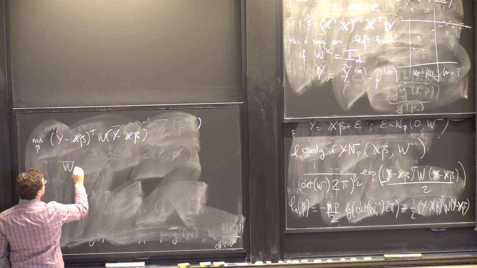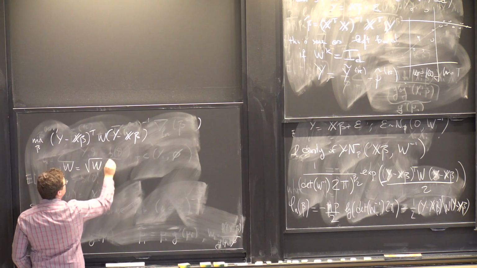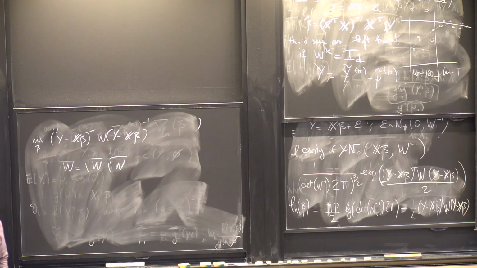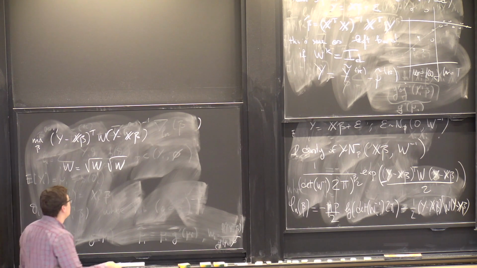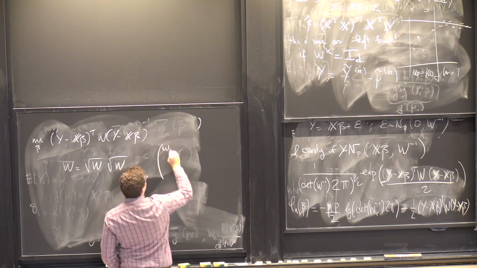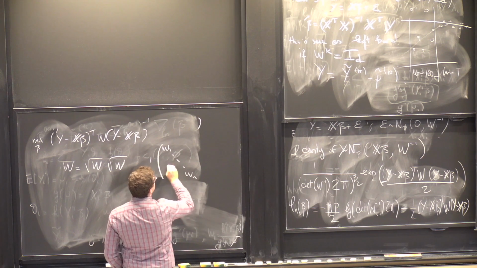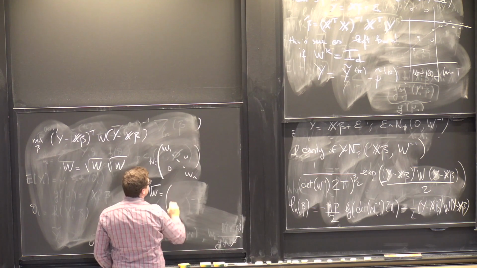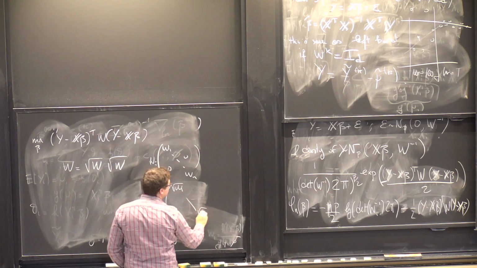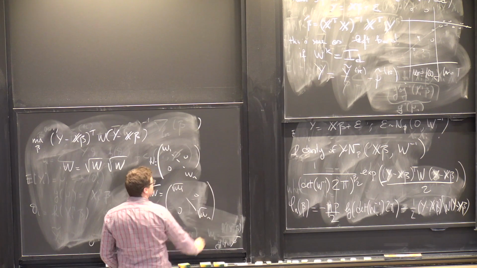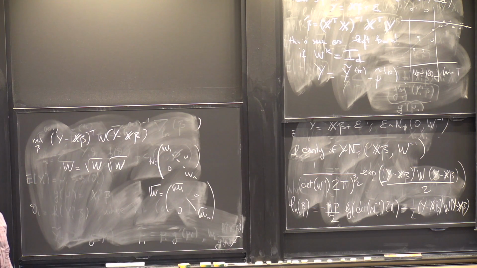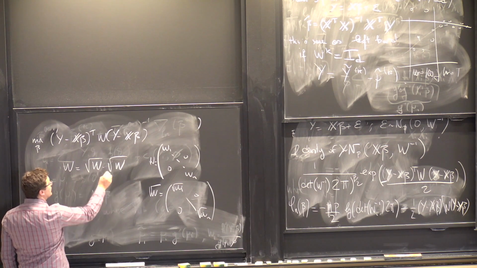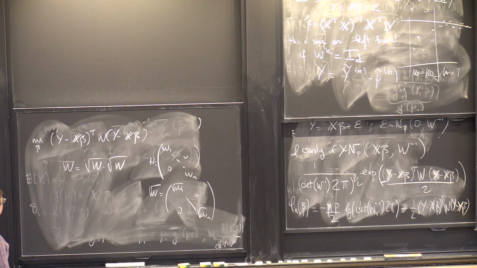I'm going to write W as square root of W times square root of W, which I can do. It's the simplest thing: if W is diag(W1, ..., Wn), then square root of W is just square root of W1 through square root of Wn, and zeros elsewhere. The product of those two matrices gives me back exactly what I want, with the usual matrix product. Now I'm going to push one on one side and push the other on the other side.